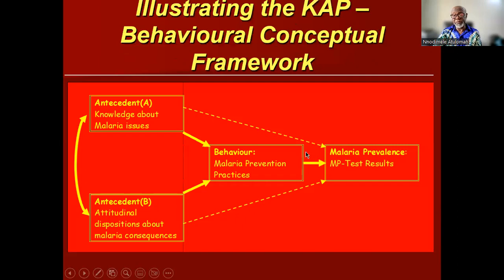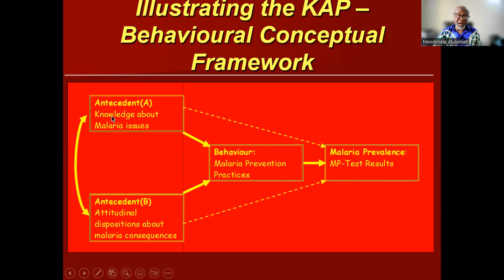Now, this is the conceptual framework that will help us to understand knowledge, attitude, and perception. These are antecedents to the behavior, so we find the behavior in the middle. Here we're using malaria prevention practice as the behavior, and the consequence will be malaria prevalence, which can be identified and confirmed by a malaria parasitemia test.